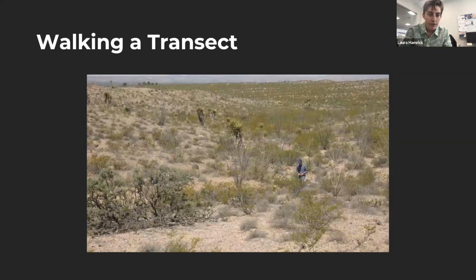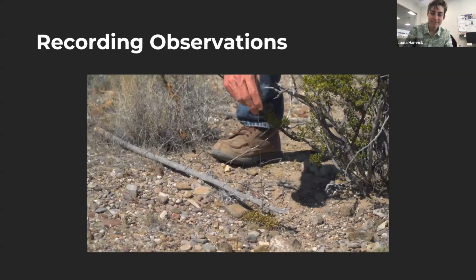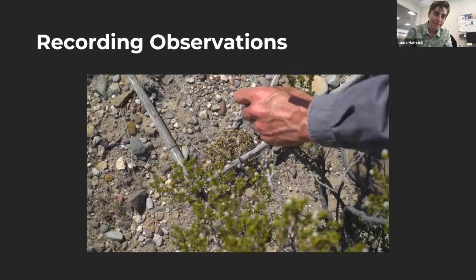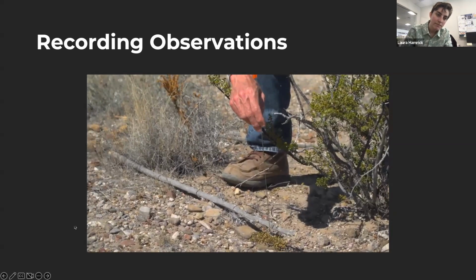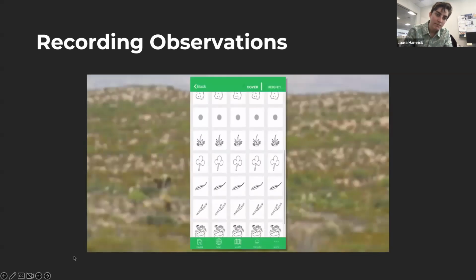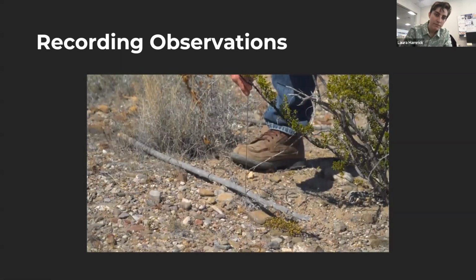So what that looks like at the ground level, just a different video here. Woody litter, because it's actually hitting this twig. If I'd hit the leaves on this, that would be herbaceous litter. I scroll down the screen and I record woody litter. I then go to the next point and I've intersected a grass.